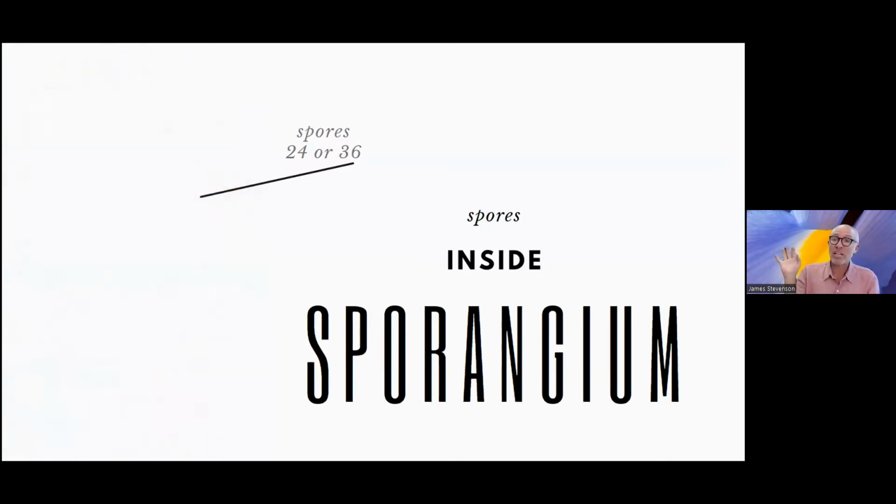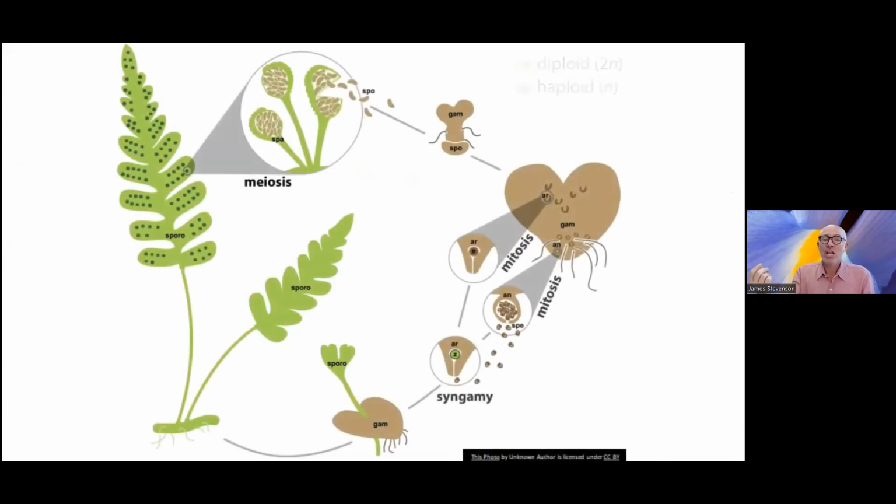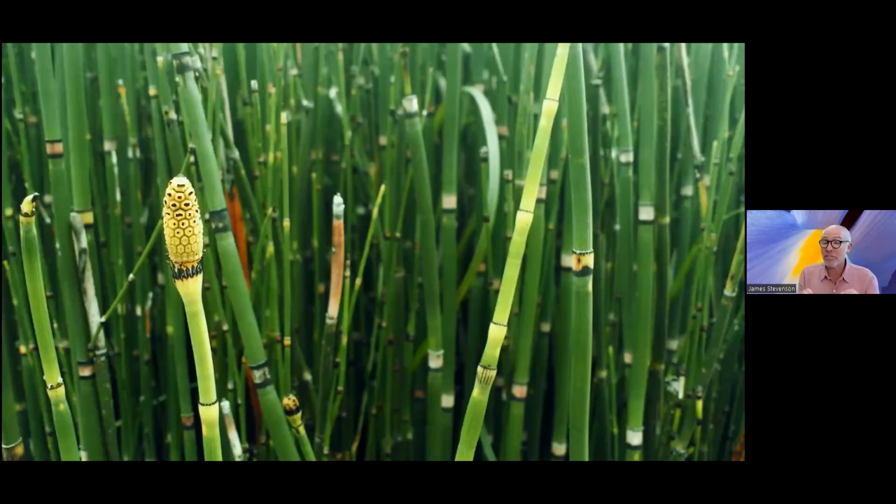The spores are then released into the environment, carried on the wind. They're like dust. They grow into a separate plant. We have the egg and the sperm all over again. The zygote, or the embryo that follows, grows into the next generation of fern. It worked for the ferns for millions of years.